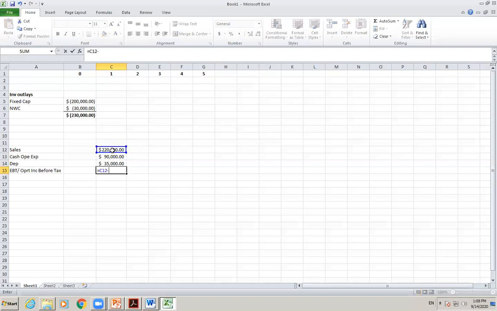We just subtract 90 and subtract the depreciation itself. So this is what we get, the EBT, earnings before tax. And the tax amount: tax is 40%, 0.40 times this amount, which is 38,000.